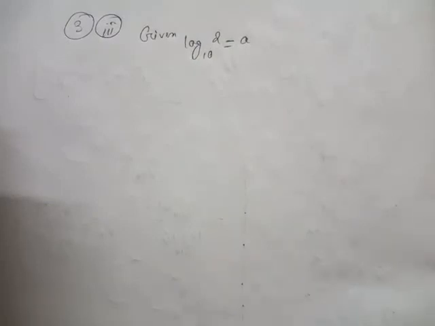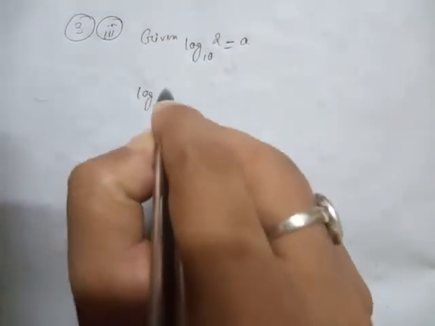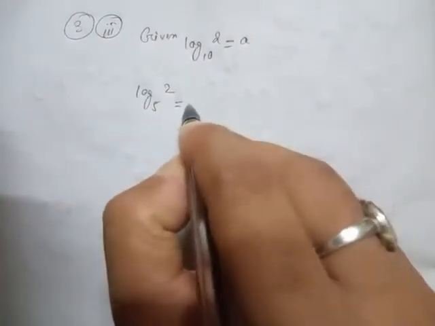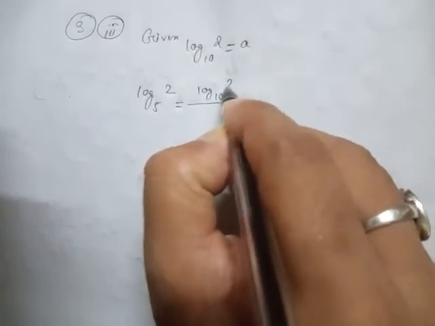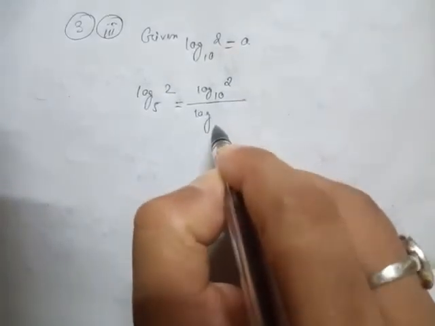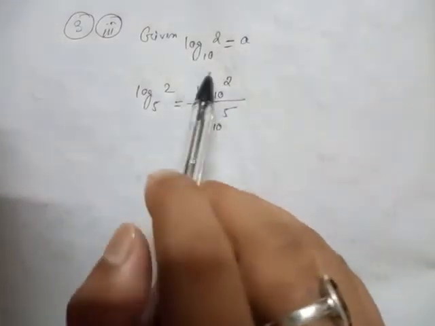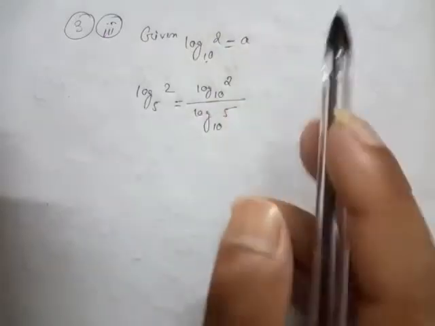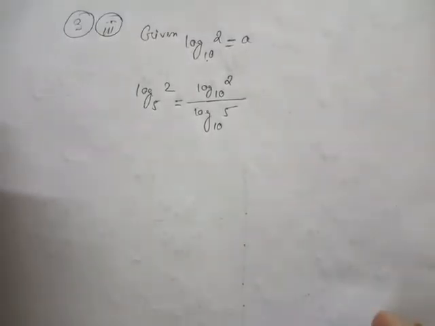For the first case, we need to find log base 5 of 2. So here I can directly write log base 10 of 2 over log base 10 of 5. The given condition is log base 10, so there is only 5. I can take 10 as the base anytime.